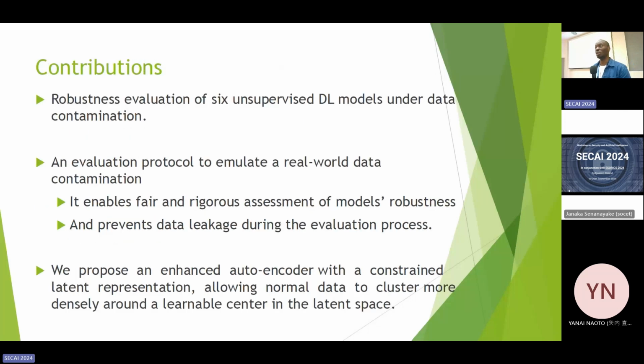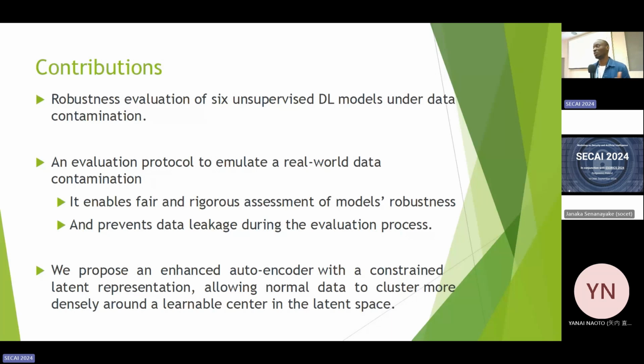And that's a problem. So in our work, we try to evaluate how deep learning models for network anomaly detection will perform when that strong assumption of having clean data sets is violated.